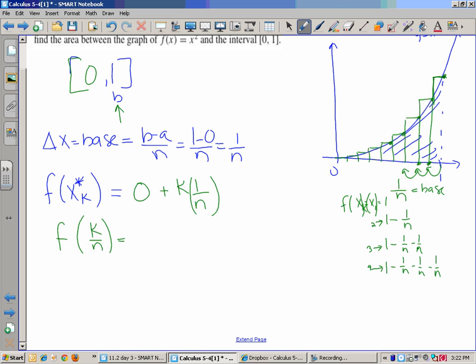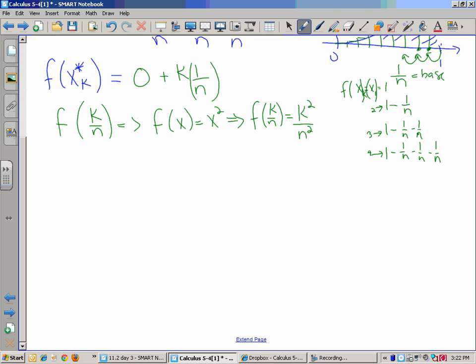So what I'm going to do is take f of x, which is equal to x squared, and I'm going to plug in k over n. And when I do that, I get k squared over n squared. Okay, so once I have k squared over n squared, remember this is going to be my height.